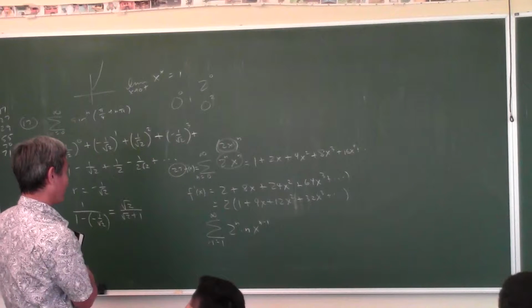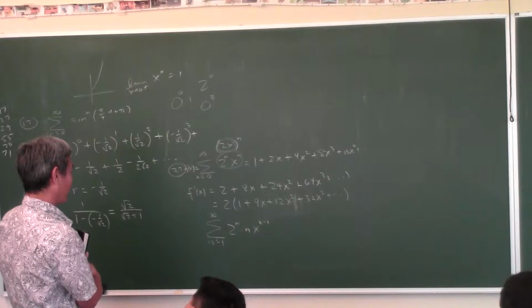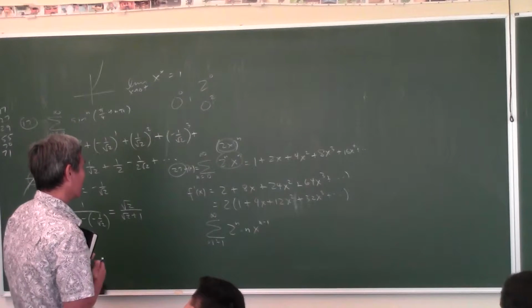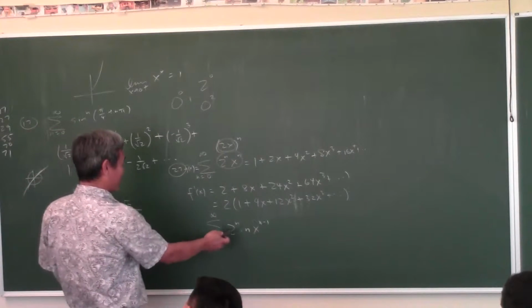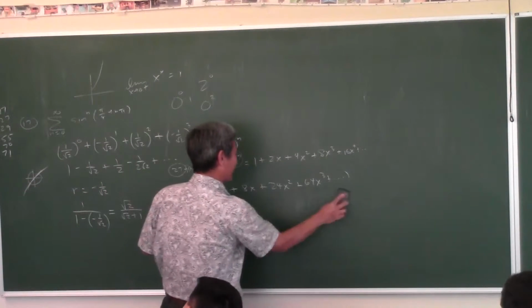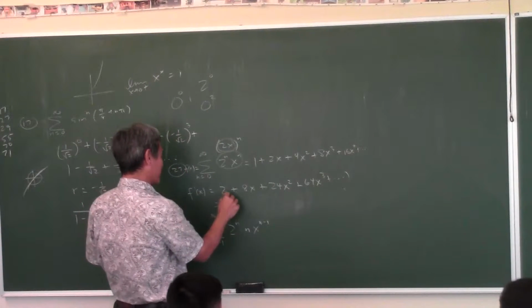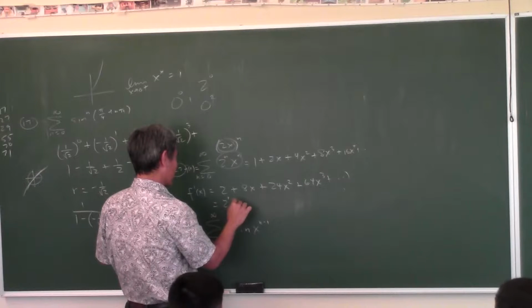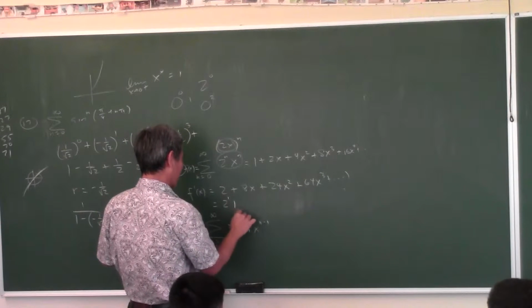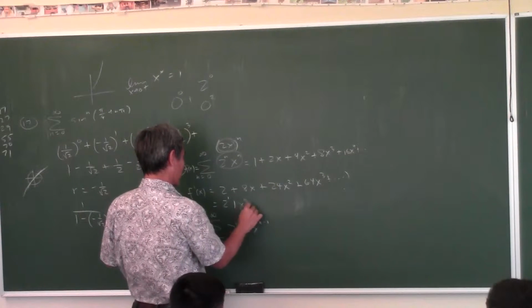Yo, that's hard. It's kind of sketchy, but it's right. Yeah, that's hard to break down. Okay, they didn't factor out the 2. So what they're saying is that this is 2 to the first times 1 times x to the 0.